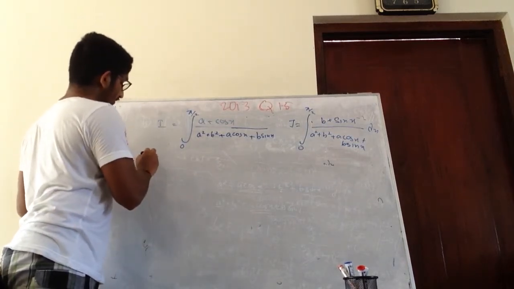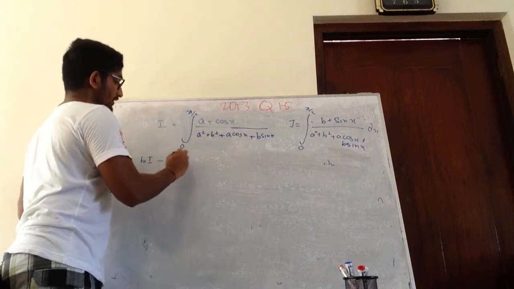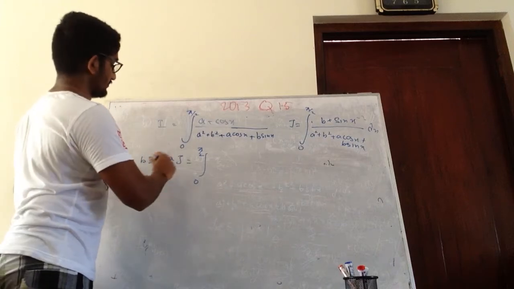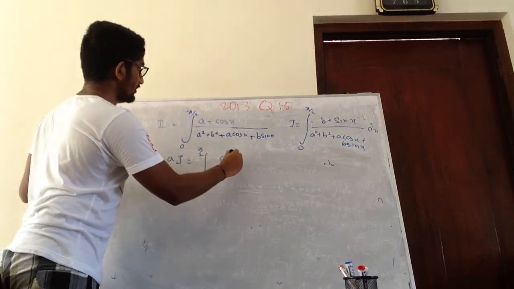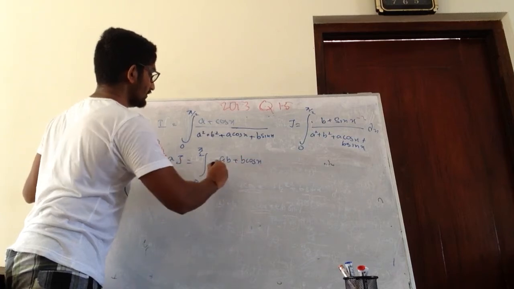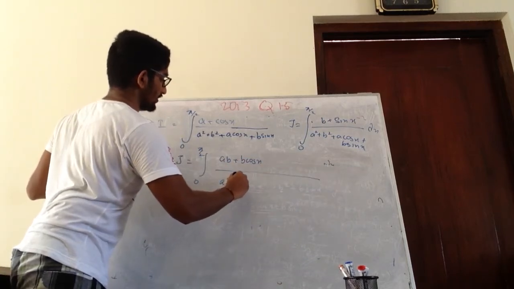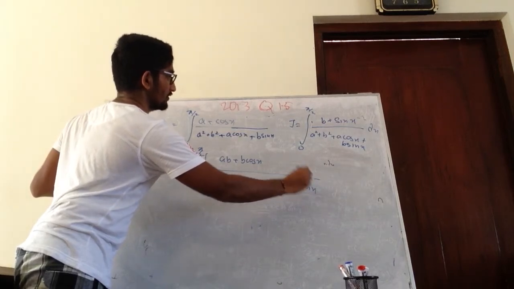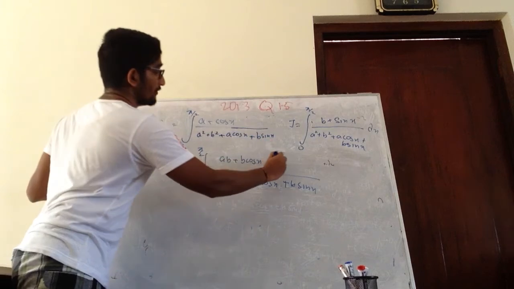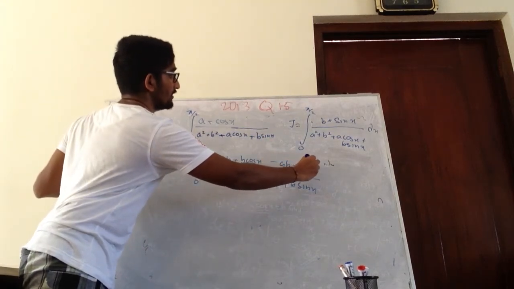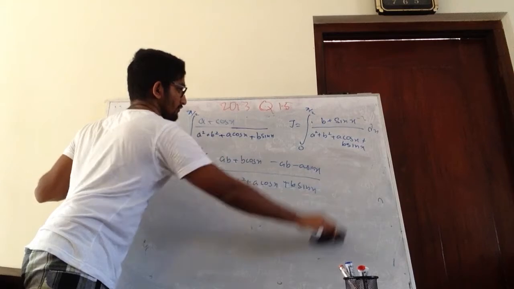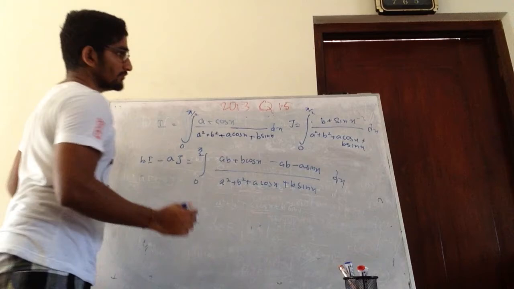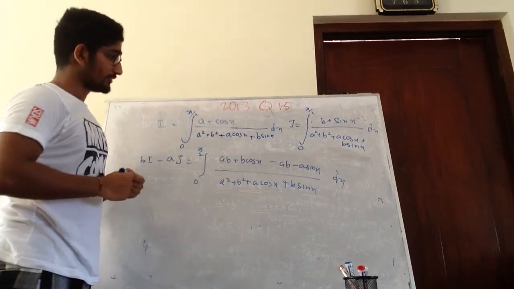What is bI? bI is ab plus b cos x over a squared plus b squared plus a cos x plus b sin x, and aJ is minus ab minus a sin x over the same.